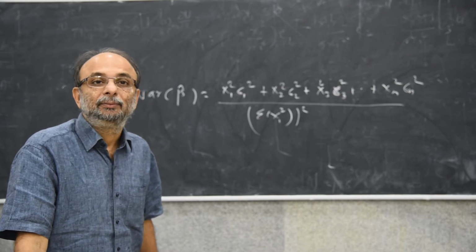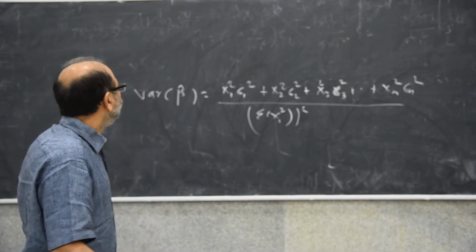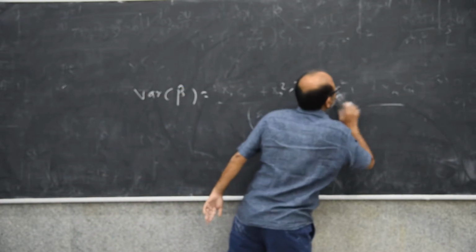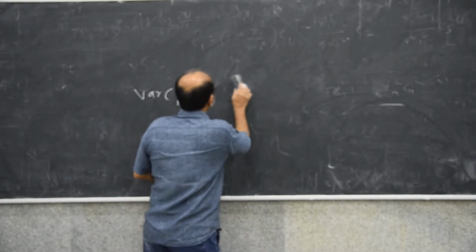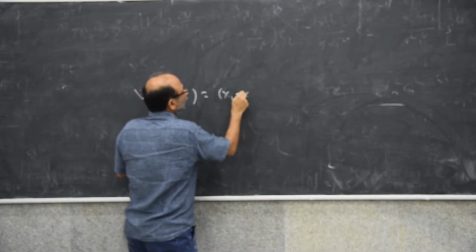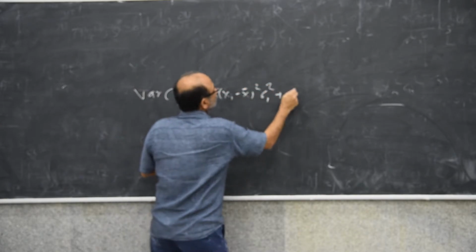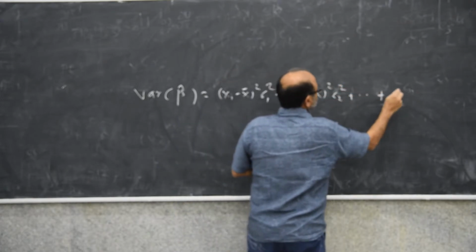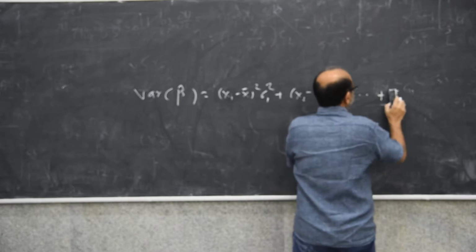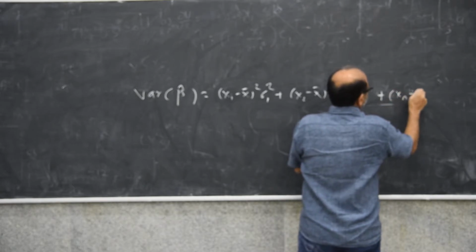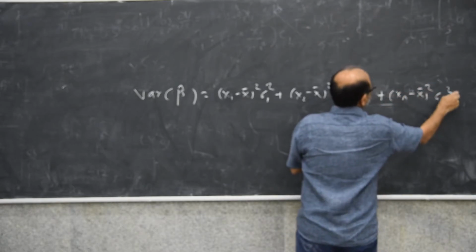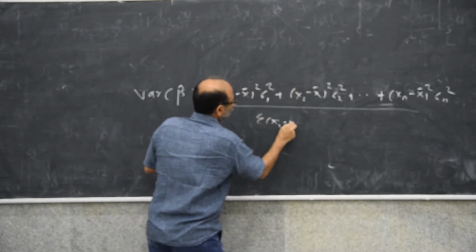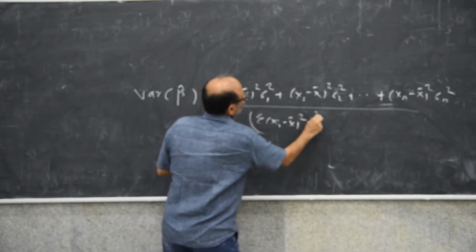This is for a model without an intercept. If you have a model with an intercept, this changes as follows: x1 minus x bar square sigma 1 square, plus x2 minus x bar square sigma 2 square, and so on up to xn minus x bar square sigma n square, upon summation xi minus x bar square whole square.